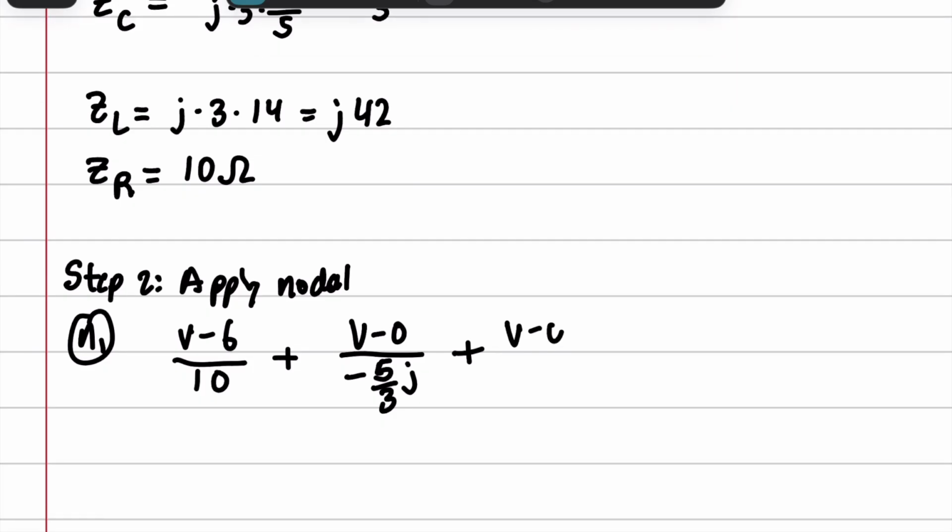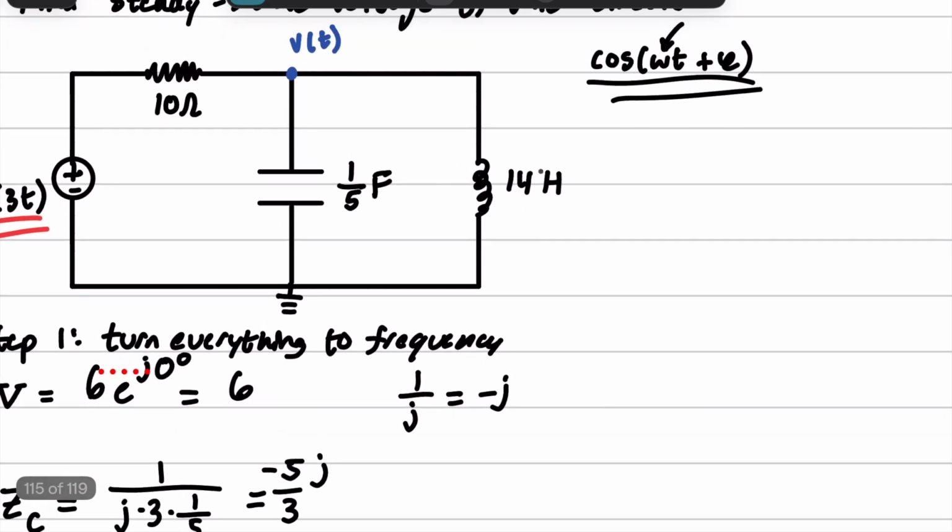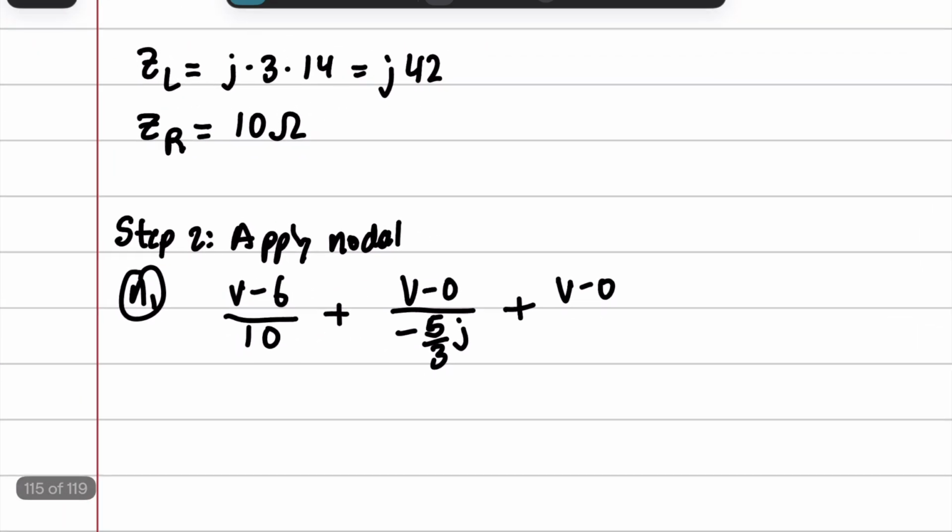Plus v minus 0, and we have our impedance through this inductor right here, which is defined as j42, equals 0.